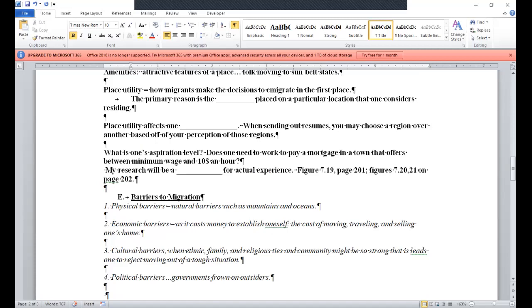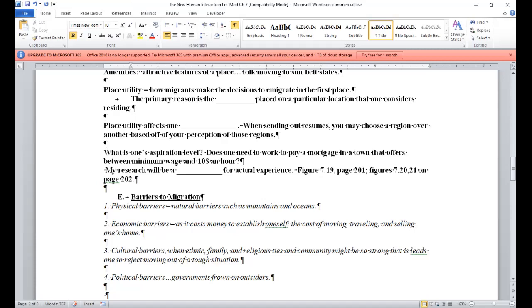We'll take a look at some migration patterns here, and then we'll wrap it up with globalization. So when undertaken, relocation tends to be affected by migration fields, channelized flows, if you will, and hierarchical movements that defy the constraints of distance decay and cultural distance.